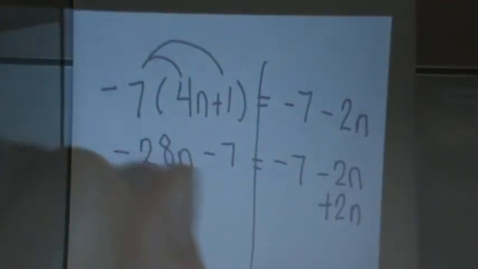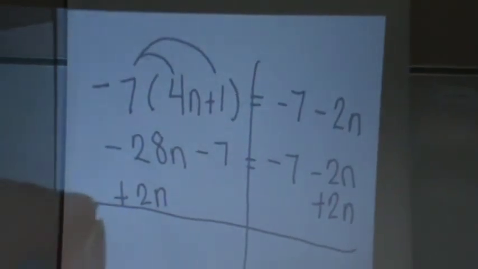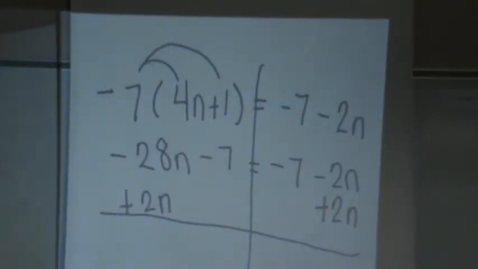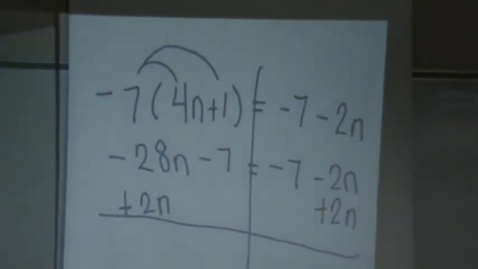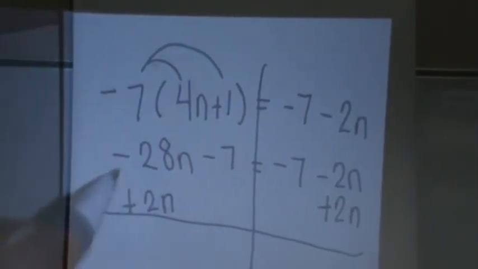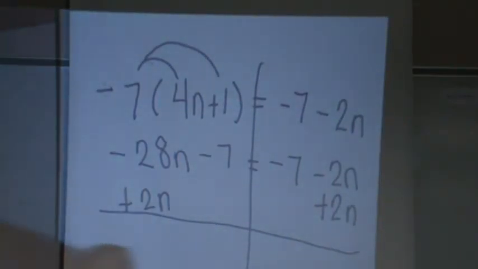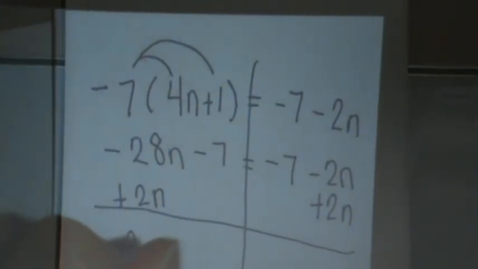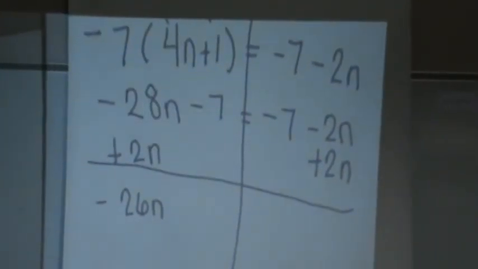So we're going to plus 2n. Remember like terms that we did yesterday when we stood up in a group? I have to keep the n's together because they're alike. So what's negative 28n plus 2n? So we have negative 26n.